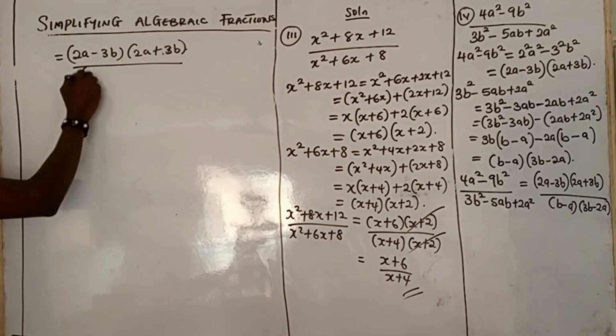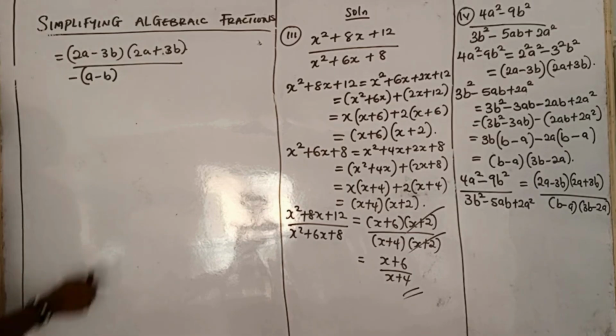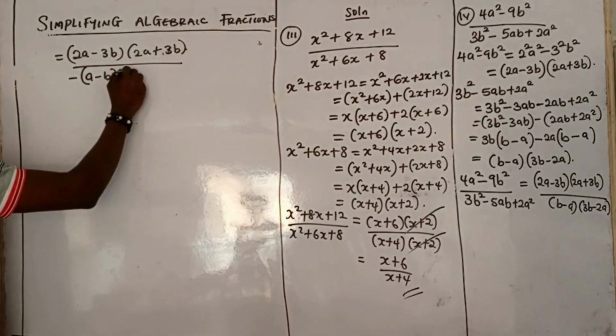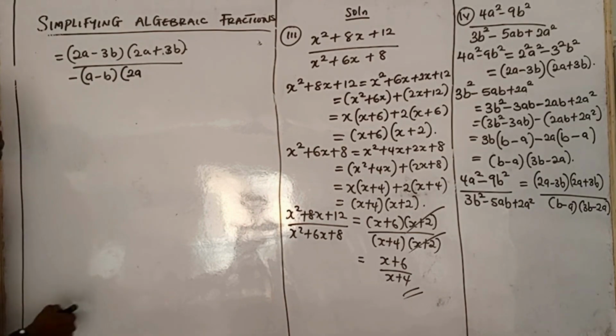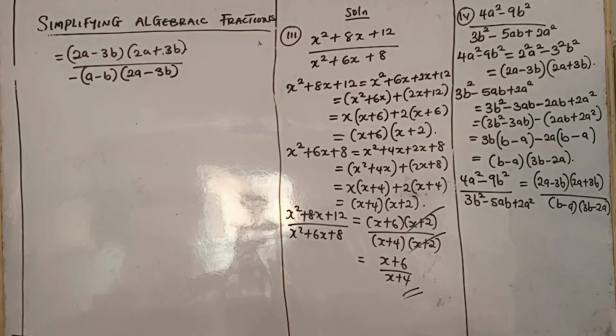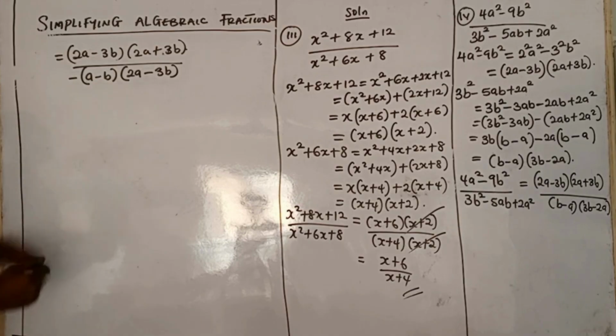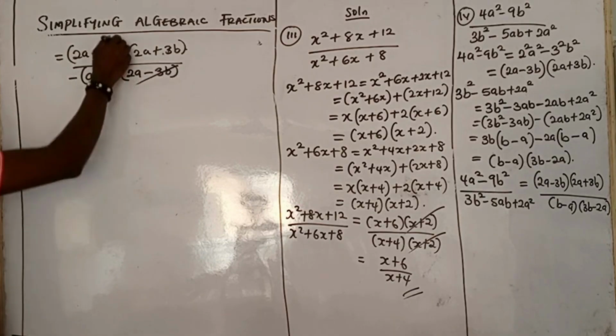It will change the first one, which is b minus a, to a minus b. Are we there now? And then the second one, it will also change to 2a minus 3b. So with this now, you discover that we have 2a minus 3b, 2a minus 3b, so we can cancel out.